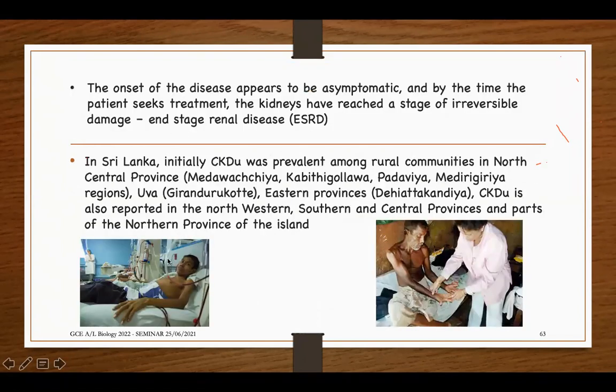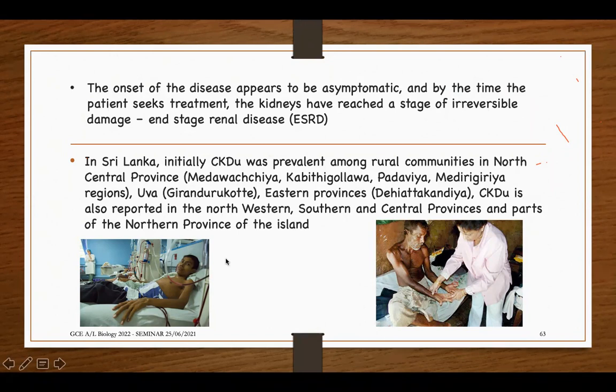The onset of the disease appears to be asymptomatic, which means it doesn't show symptoms, right? But you could end up with very bad kidneys, especially in the rural communities in Sri Lanka, with the water that they drink, which has a lot of heavy metals. As I saw in the news recently, it's because of the high fluoride levels in the water that they drink.